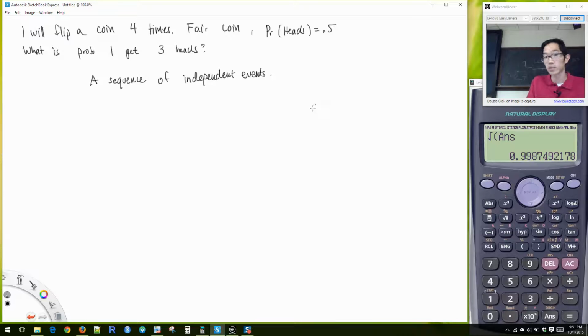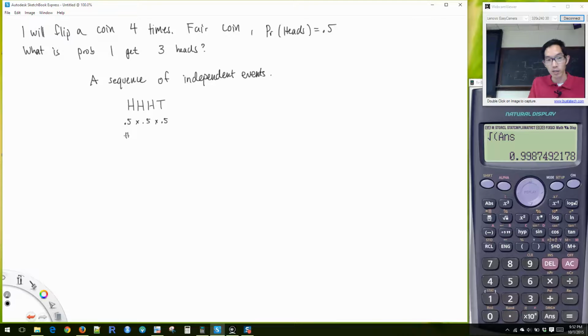Okay? And so one way to get 3 heads is to get heads, heads, heads, and then tails. This is actually not the best example. And so the probability of getting heads, heads, heads, and then tails would be 0.5 times 0.5 times 0.5.